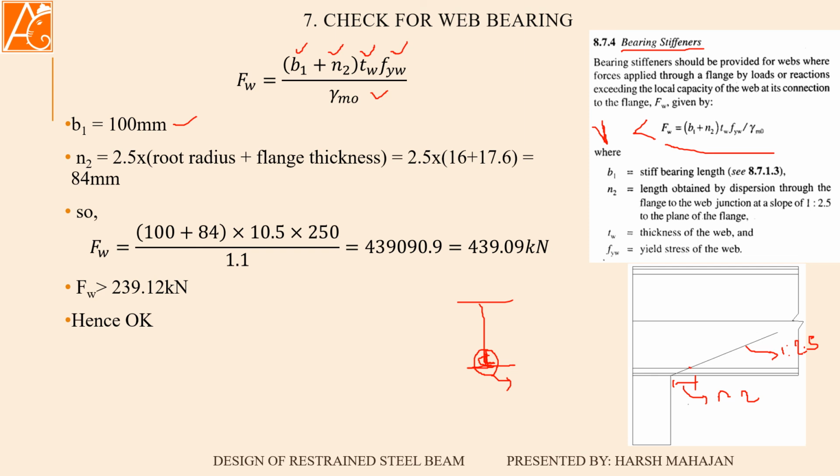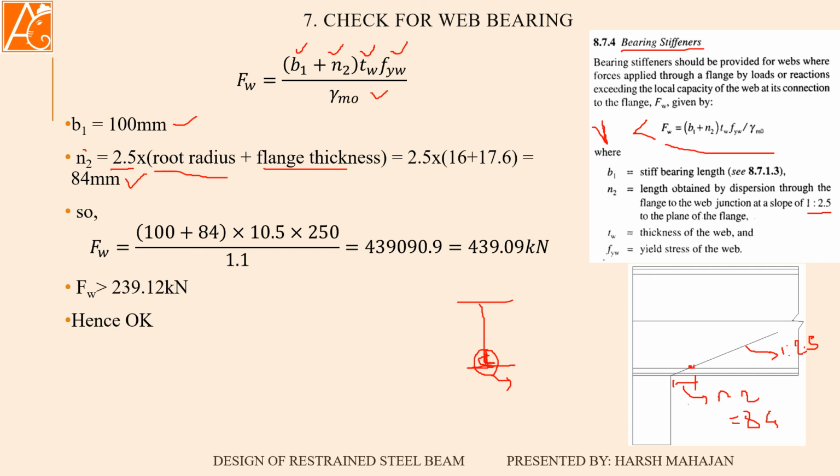So this is the junction point, for the slope of 1 is to 2.5. Now this N2 is given by this equation: 2.5 into root radius plus flange thickness. So 84 mm will be this value. This is 84 mm.